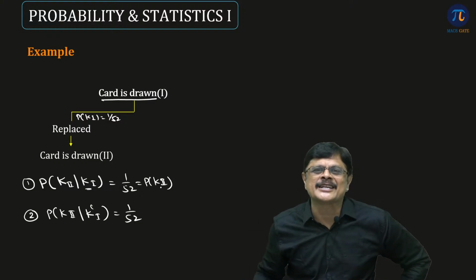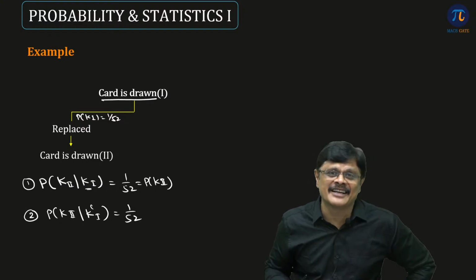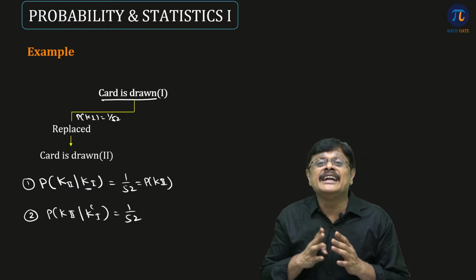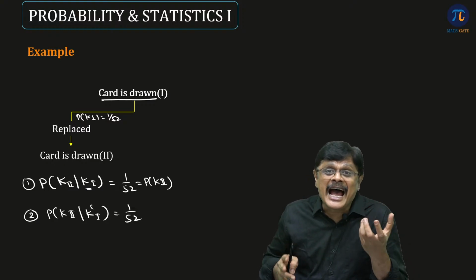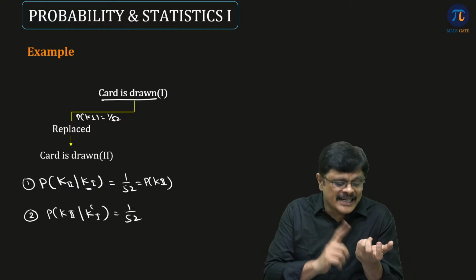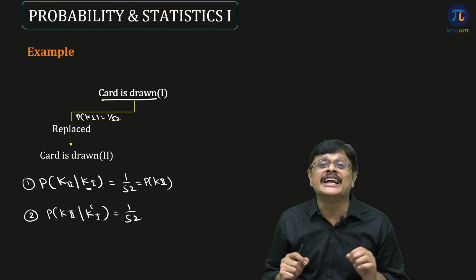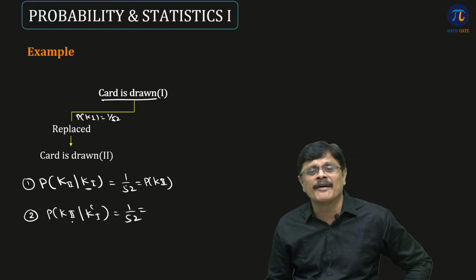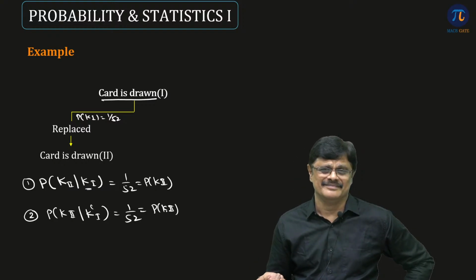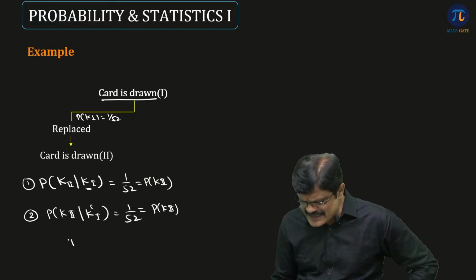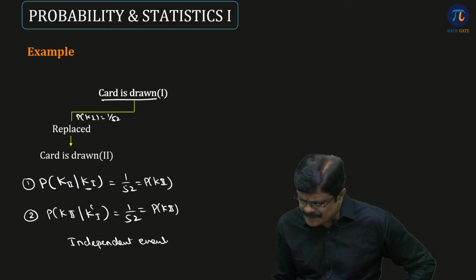I can directly write it as the probability of the second event, because the first event does not affect the second event. Such events are called independent events, because the happening of the first event does not affect the happening of the second event. In such a case, the probability of drawing king in the second draw can be found directly: 1 by 52.